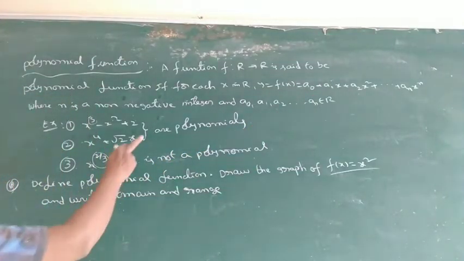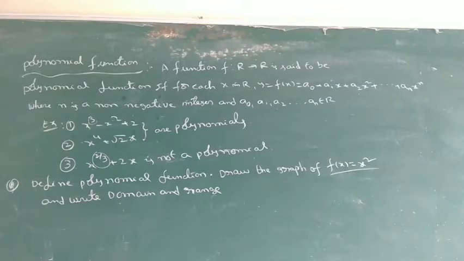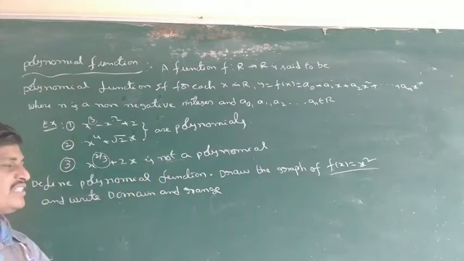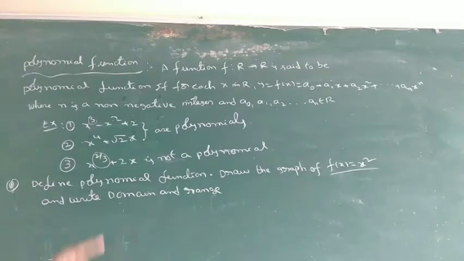A function that is not a polynomial does not have a degree; the degree is not defined. Why is this given function not a polynomial? Because the power is fractional or negative.